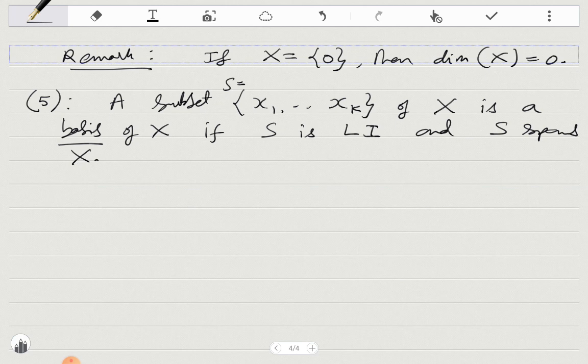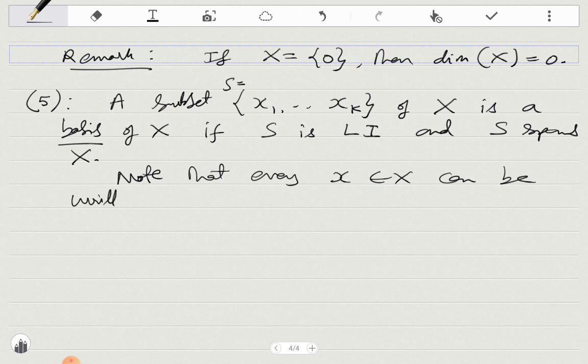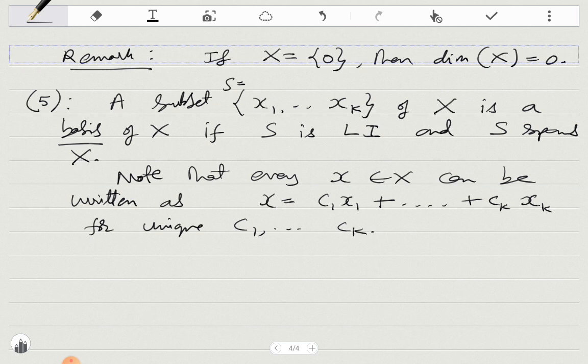In other words, note that every x in X can be written as x equal to c1 x1 plus ck xk for unique c1, c2, ck. These constants are unique.